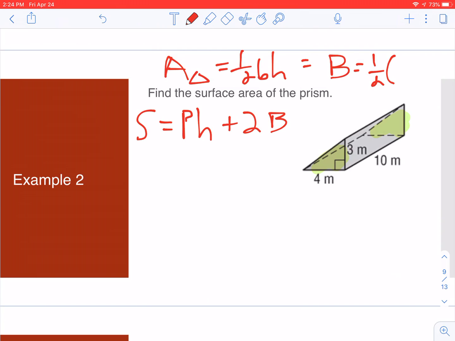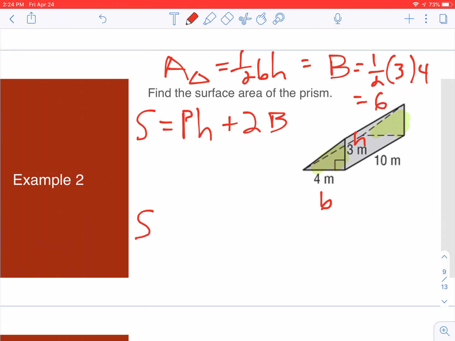I am going to find that real quick, right up here, 1/2 times. As I look at the triangle, the height of the triangle is 3, and the base of the triangle, small b, is 4. 1/2 times 3 times 4 equals 6. So capital B equals 6. That's the area of my base.